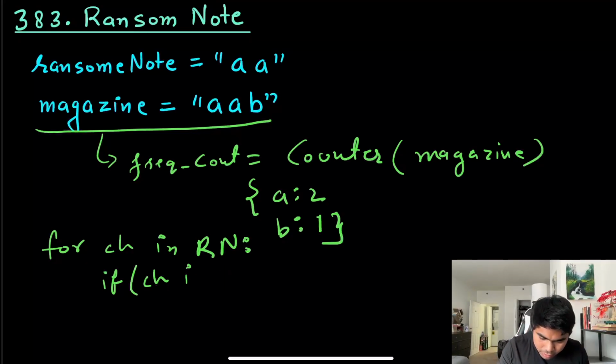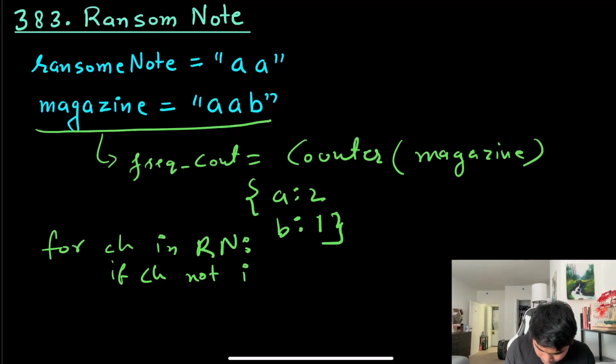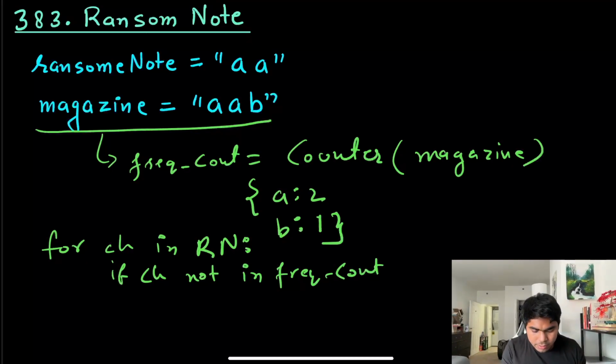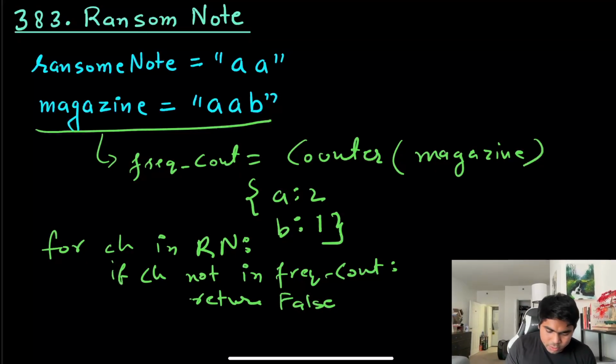So let's check both things. If ch not in frequency count, if let's say I needed some character to create the ransom note and that doesn't even exist in my frequency count of the magazine, then I'll just return false. That is one thing.